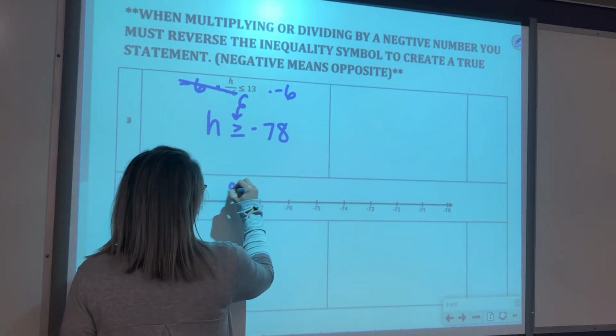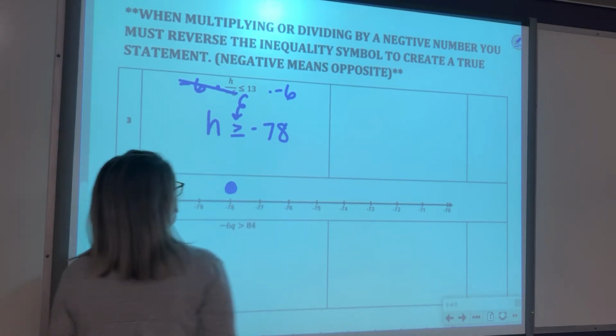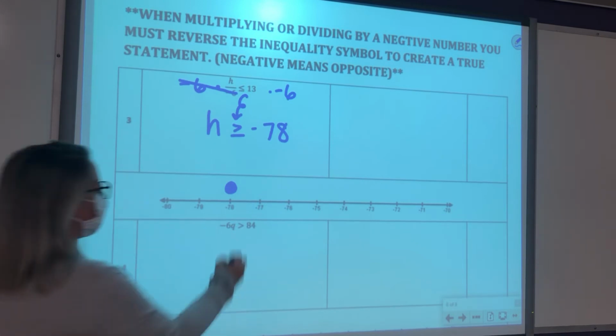Left or right? It goes to the right, greater than.